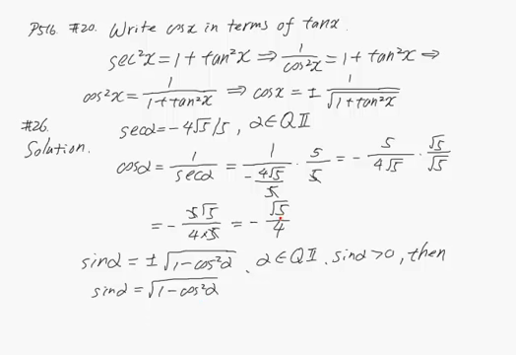Now let's plug in the values. To plug in the value of this cosine alpha into this expression, then you get the square root of 1 minus the square of negative root of 5 over 4.